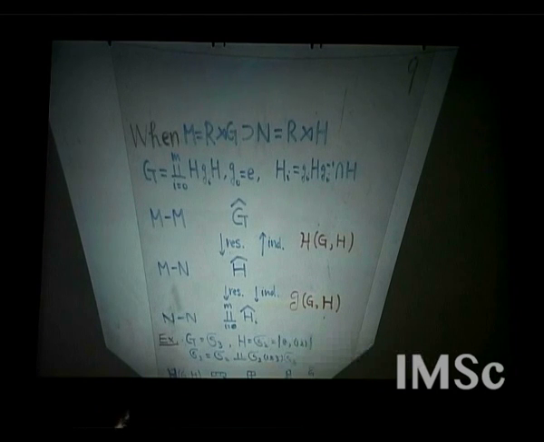Namely, starting from a representation of G, you can restrict it to H, and you can decompose it into irreducibles. In a similar way, starting from a representation of H, you can induce it to a representation of G. Then you can decompose it into irreducibles.